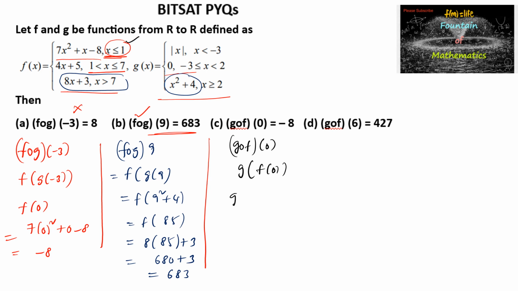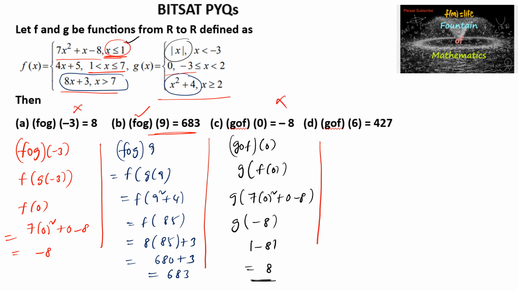So g of f of 0 is 7 into 0 square plus 0 minus 8, that is g of minus 8, and g of negative 8 will be considered in the x less than minus 3 case, that is mod x. So mod of negative 8 is equal to 8, but it is given as negative 8, so option C is also wrong.